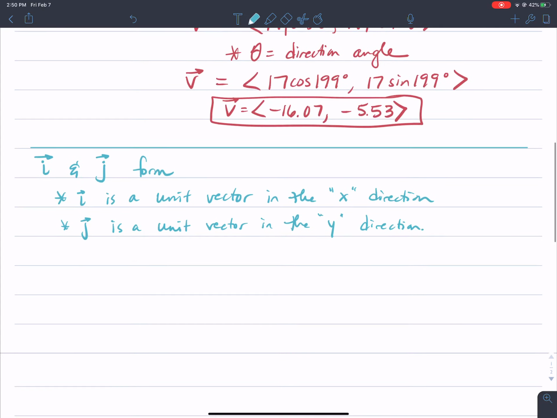So you might see some problems that are written out with the components not in the triangle braces. So instead of <-2, 3>, you might see it in I and J form. So that is equivalent to writing out -2I plus 3J.